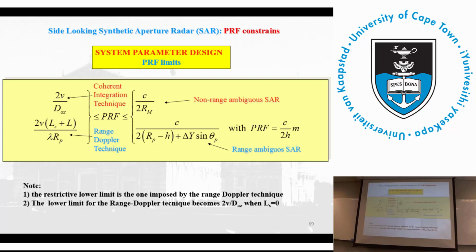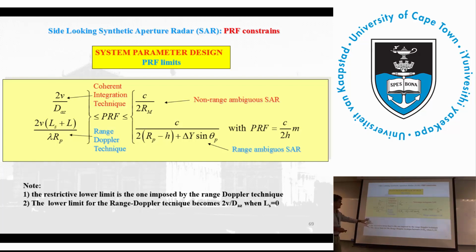So for the coherent integration technique, my PRF has to be greater than 2V over ds, because V over ds is the bandwidth of my baseband signal. So if I want to make sure that I sample my signal with a sufficient number of samples, and Nyquist tells me how to do it, which means at least twice as much as the signal bandwidth. So twice as much, the number 2. So the PRF has to be greater than that for the coherent integration technique.